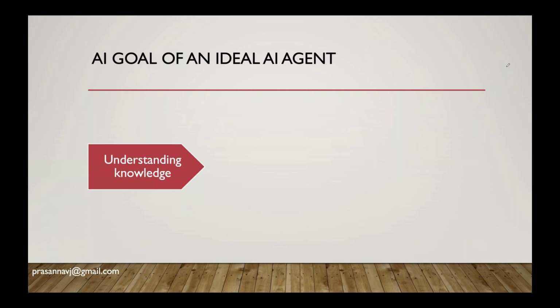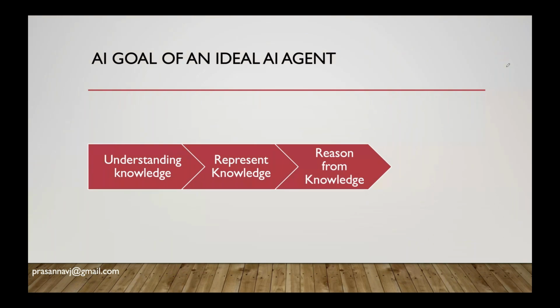We started with defining what knowledge is. And once we defined the knowledge, then we looked at the different representations of knowledge, how we can represent this knowledge for a robot to effectively work. Once we represent the knowledge, we looked at how we can reason from the knowledge.